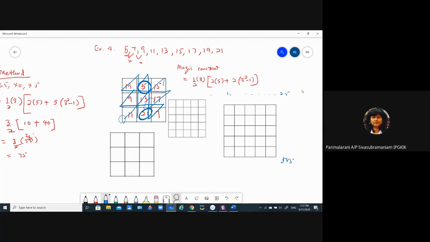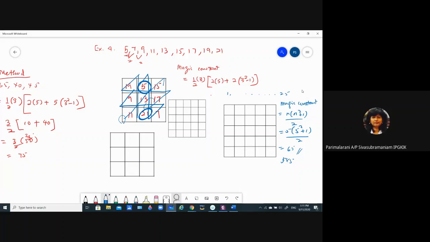So what will the magic constant be? N times (N squared plus 1) over 2, where n is 5. That gives 65. So we must get each column, each row and each diagonal to a total of 65.